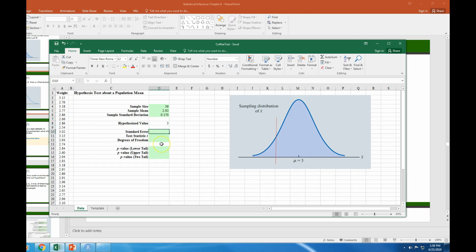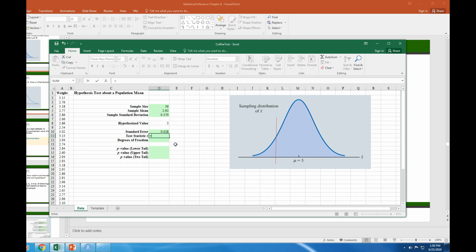And next, we need to calculate the standard error, which would be the denominator for our t-statistic. And the formula for the standard error is the standard deviation divided by the square root of the sample size n.